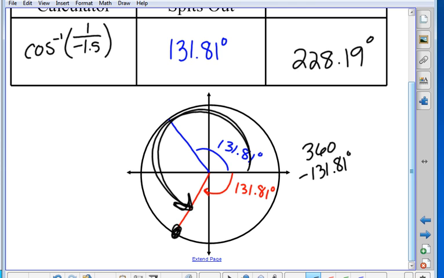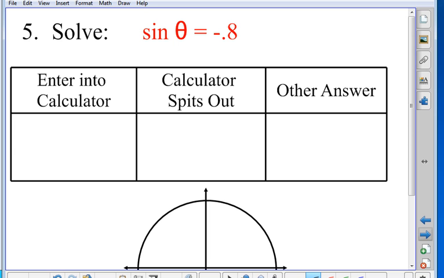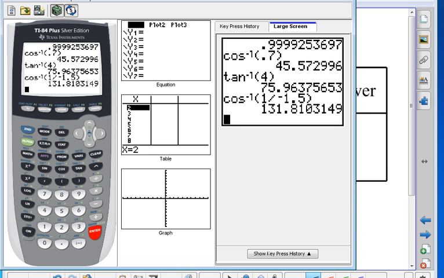Okay, and one more. All right, here we're going to enter this into our calculator as second sine of negative 0.8. And when I do that on my calculator, second sine of negative 0.8, oops, that's not working very well, is it? Sorry, I have to clear these off quick.